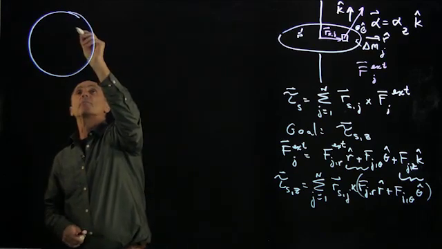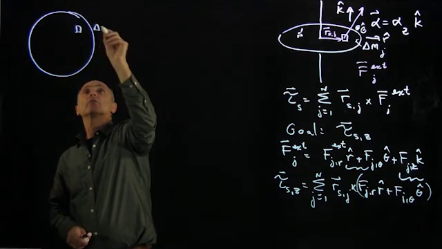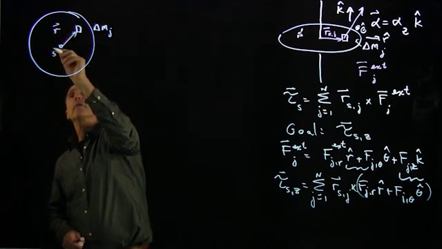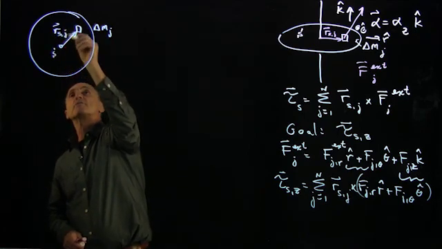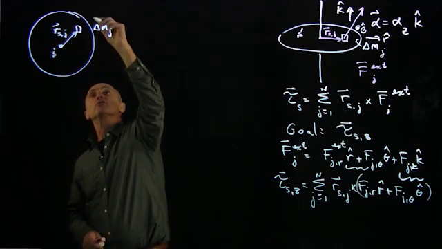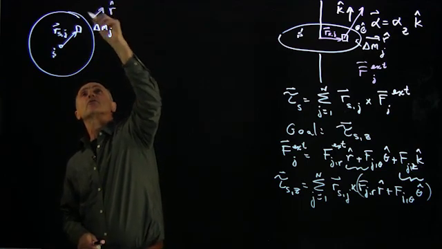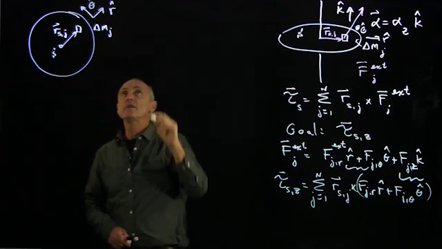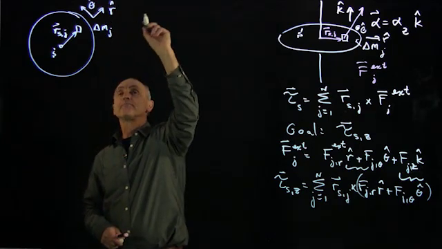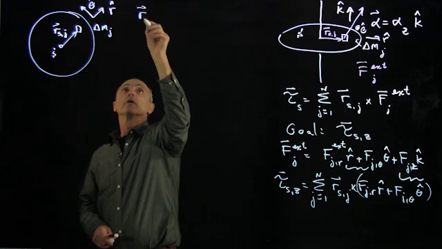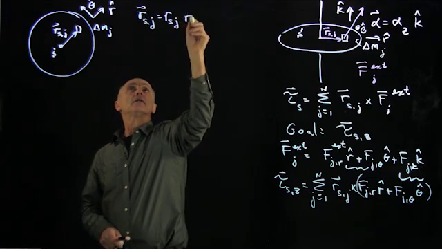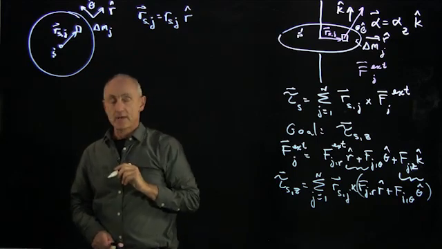And here's our mass element, delta mj. That's our vector from S, from the center to delta mj. We have unit vectors r hat and theta hat. And so we see that this vector r_Sj has some length in the r hat direction.